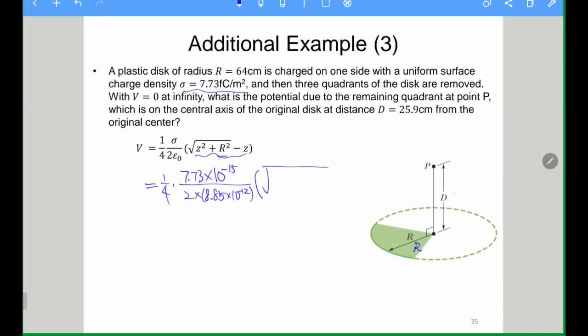So here Z equals D. So we substitute Z to be D: 25.9 centimeters, 0.259, squared, plus R which is 64 centimeters, 0.64, squared, minus this is Z, so it should be capital D, 25.9, 0.259.